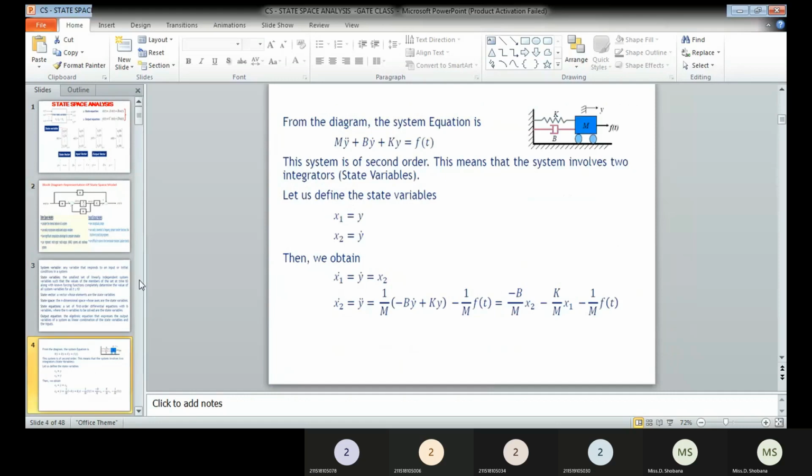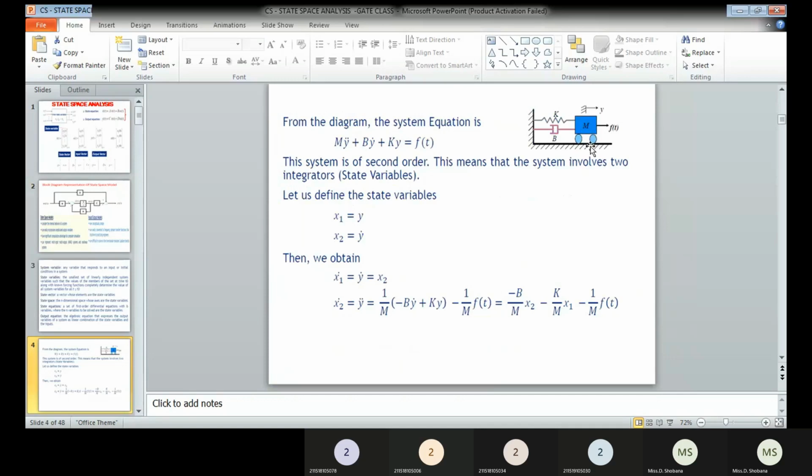Now we can have the state space representation for physical models. In physical models, we have two kinds of systems: the electrical system and the mechanical system. First we take the mechanical system and discuss how to obtain the state space representation for it. In the mechanical system, the basic elements are mass, spring and dashpot.